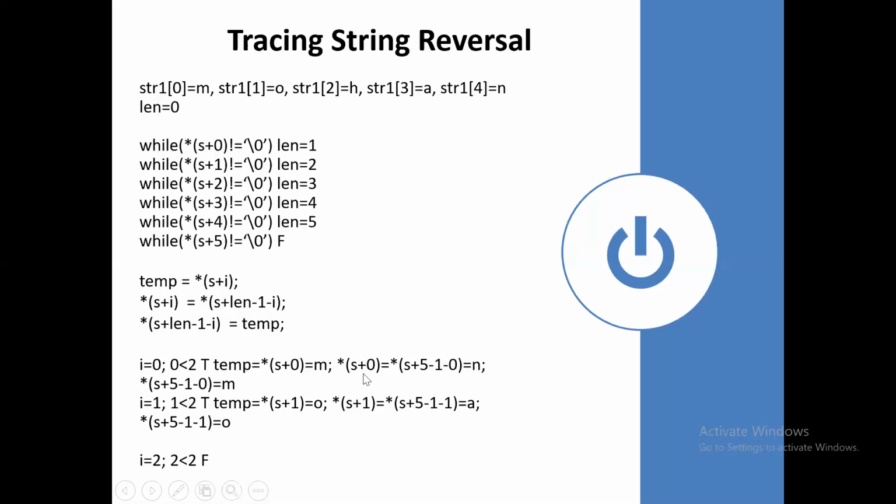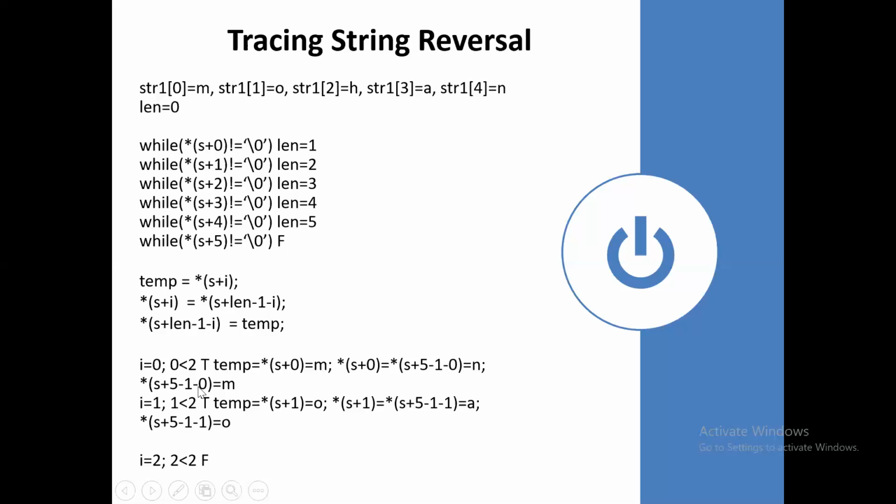That's why star of s plus 0, pointing to str1 of 0, is assigned star of s plus length minus 1 minus i. s plus length, the length value is 5 here, minus 1, 5 minus 1 is 4, 4 minus 0, the i value, that is 4. Star of s plus 4 is str1 of 4. str1 of 4 is N. Now N is copied onto the first position, that is star of s plus 0.